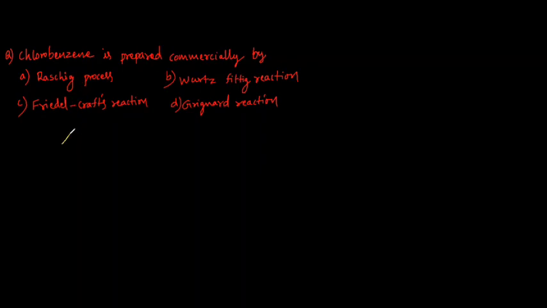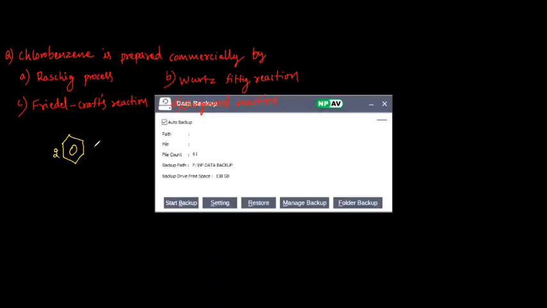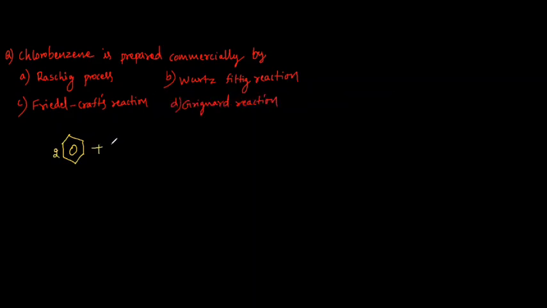Now we write the reaction. 2 moles of benzene react with 2 moles of HCl plus oxygen in the presence of cuprous chloride to form 2 moles of chlorobenzene.